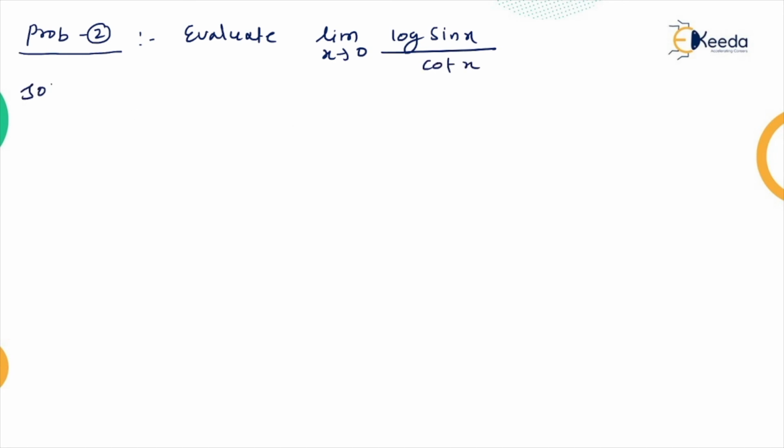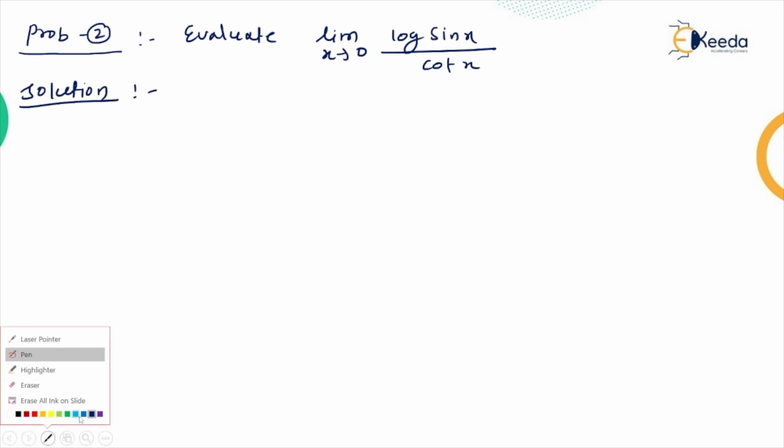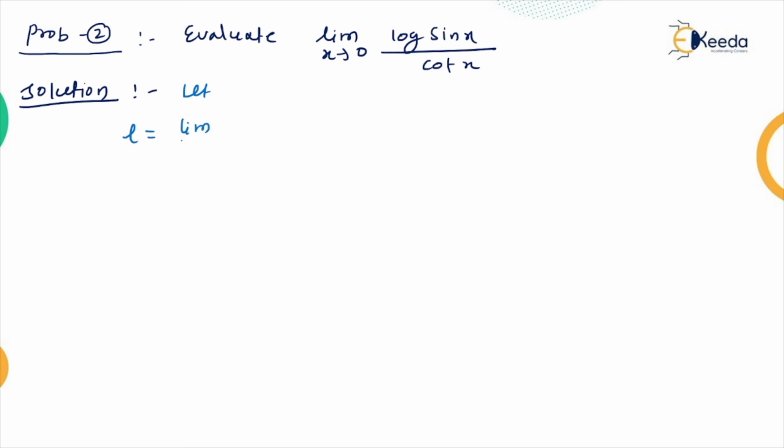Now, how to write the solution? It will be very easy, guys. Let the given limit be L, equal to the limit as x tends to 0 of log sin x upon cot x.